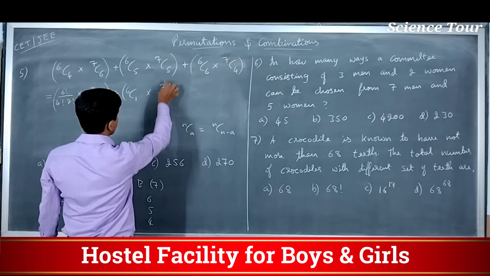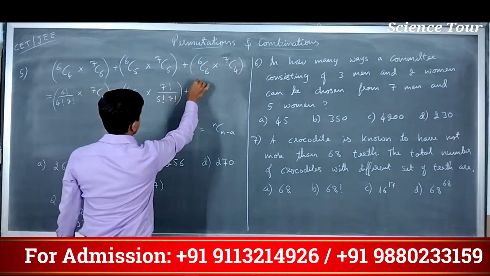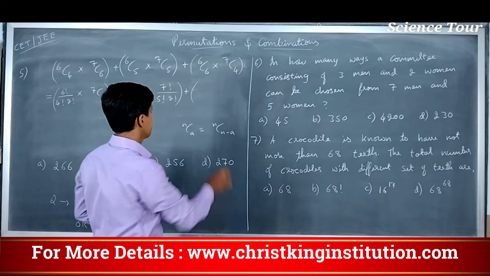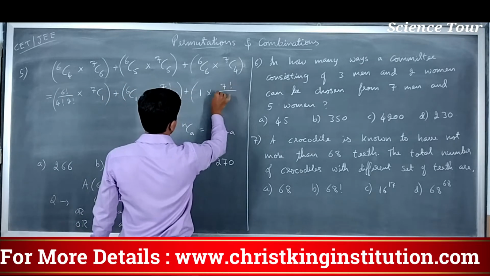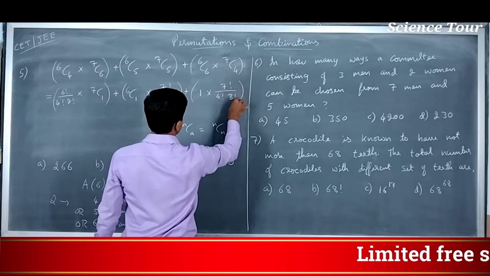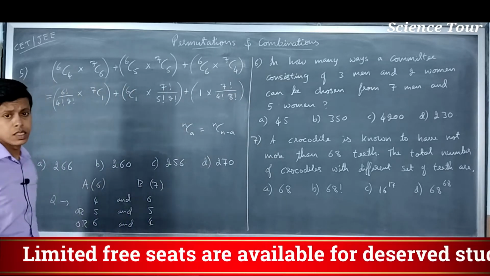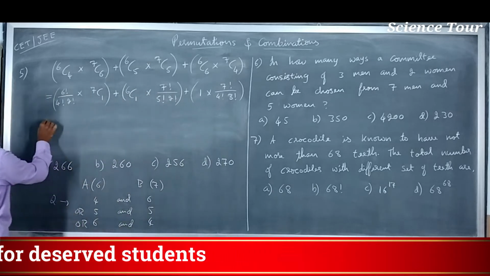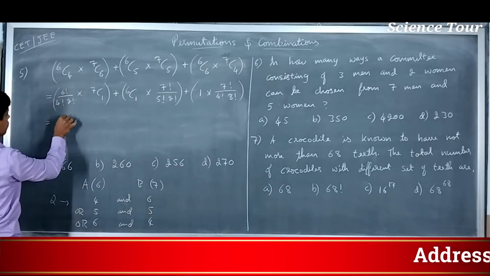Let's calculate that. So this is 5 factorial and 2 factorial, plus 6C6, nCn is 1, and then 7 factorial divided by 4 factorial and 7 minus 4 is 3 factorial. Let's continue and see what we get. Here this can be written as 6 into 5 into 4 factorial.